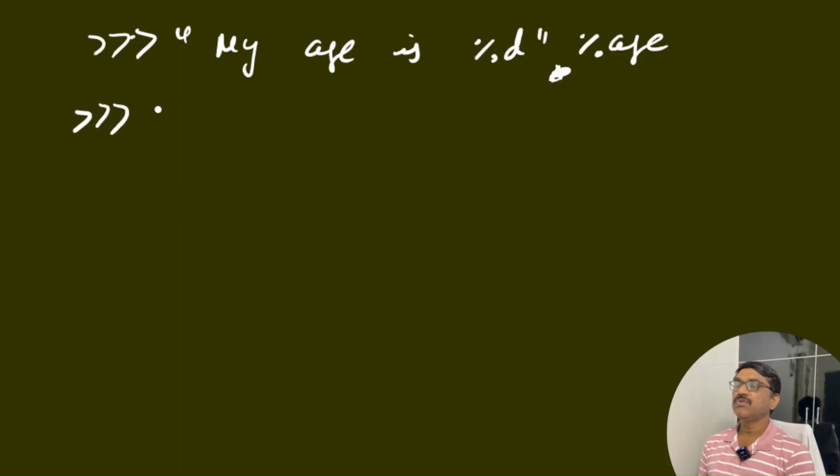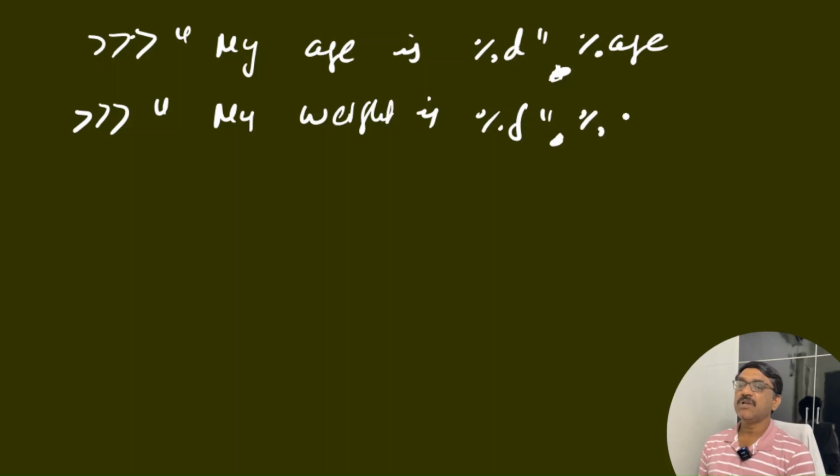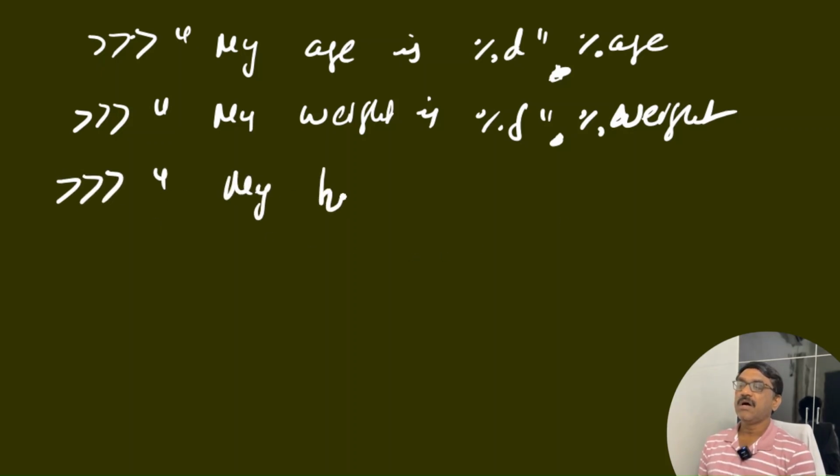Similarly, you can use my weight. You can write my weight is percentage f, double quotes, no comma, percentage symbol. You have to mention the weight. Similarly, you can use my height is percentage f, double quotes.